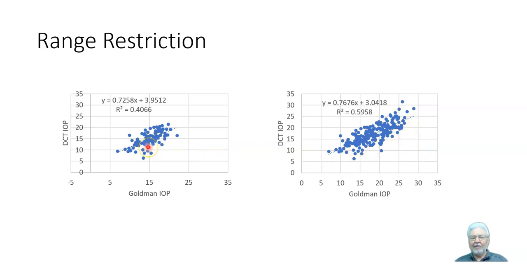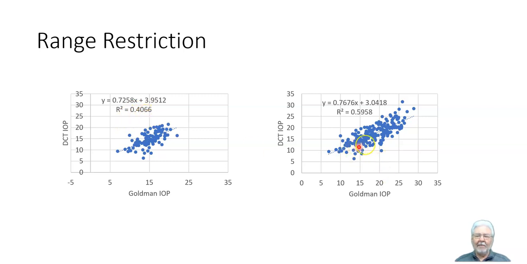Now what happens in studies is that people look at normal subjects. They do a study on optometry students or on normal patients in the clinic, and they want to compare two measures like Goldmann IOP and DCT, which is another test for measuring IOP. And here the R squared is 0.4.